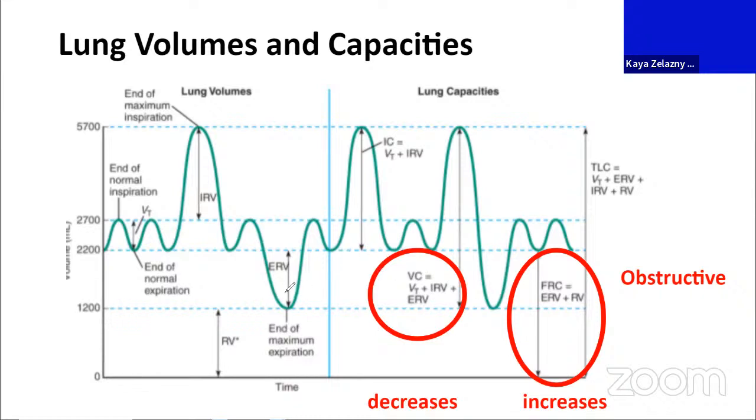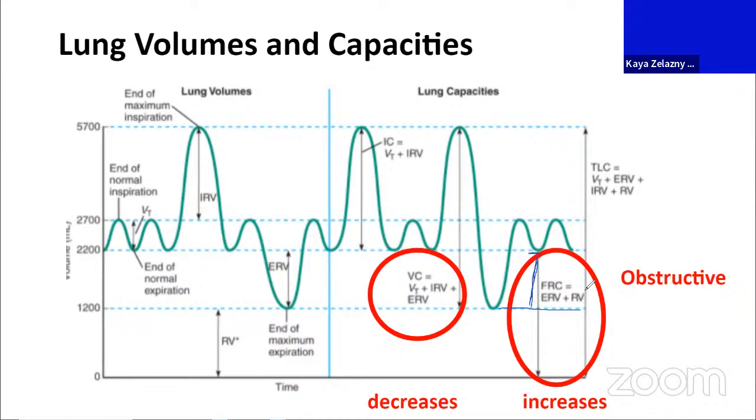So what's happening here? Okay, so our functional residual capacity is the residual volume at the bottom here, right? Plus what we could get out with a very, very deep breath.